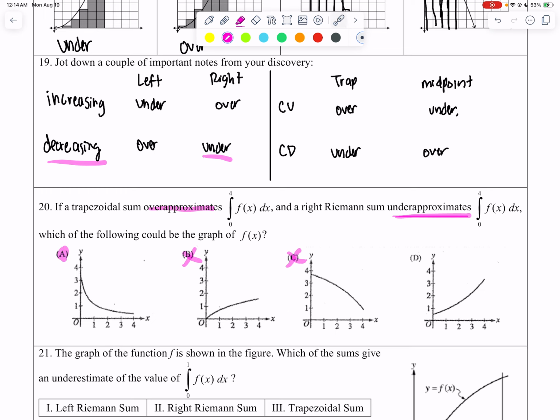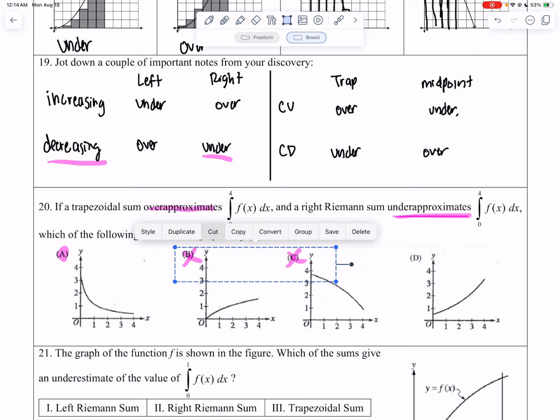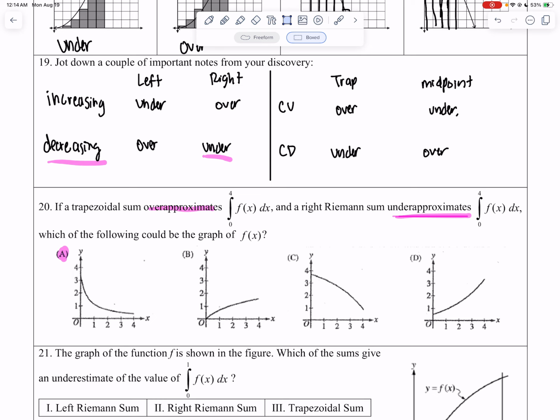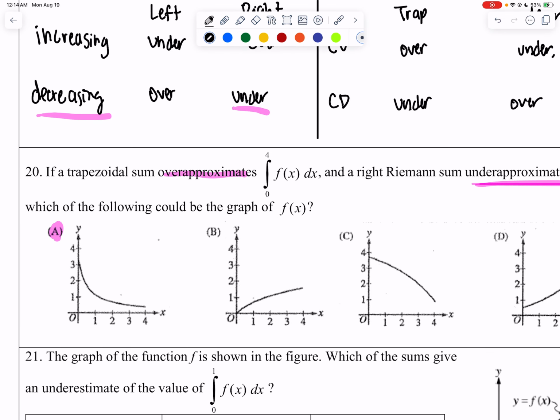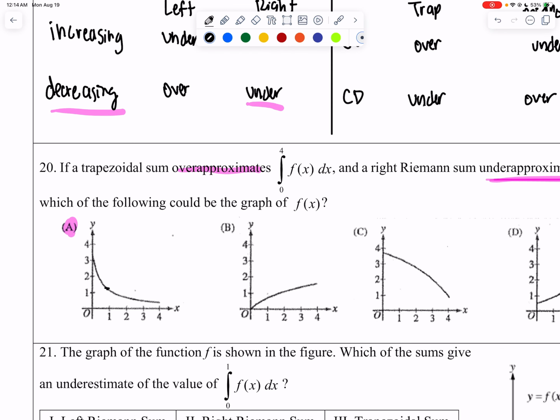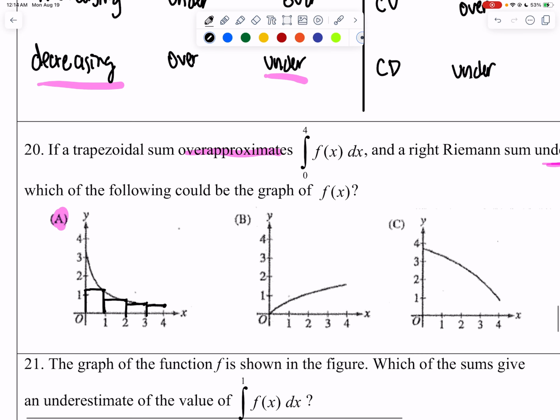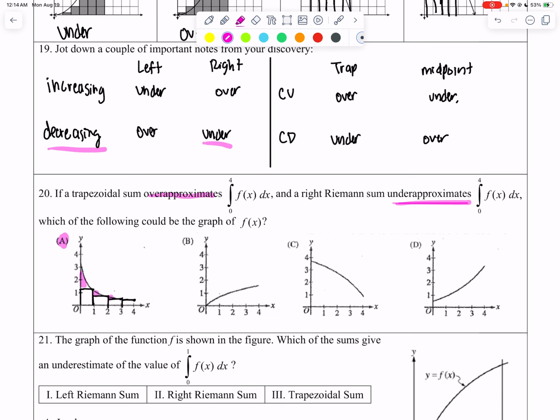Now, if you don't want to memorize this, once again, you could just look at the answer choices and actually draw out the rectangles and see what happens. So if I have a right Riemann sum right here for number 20, notice how here I am underestimating because I haven't taken into account this part, or this part right here.